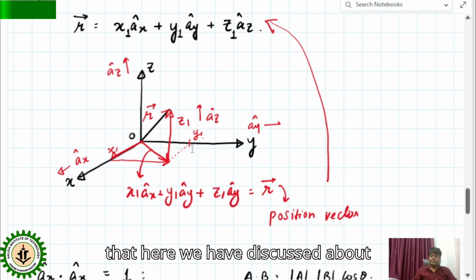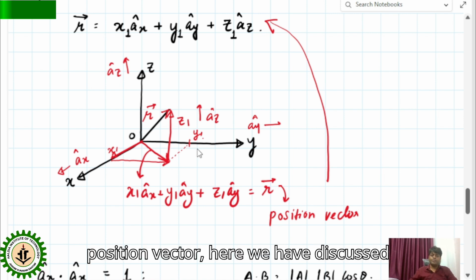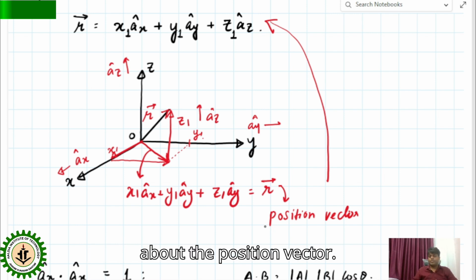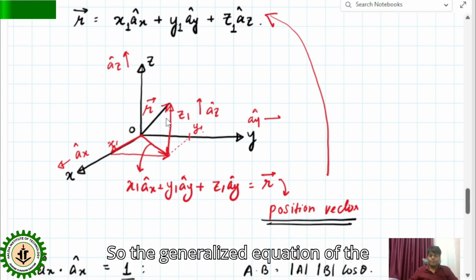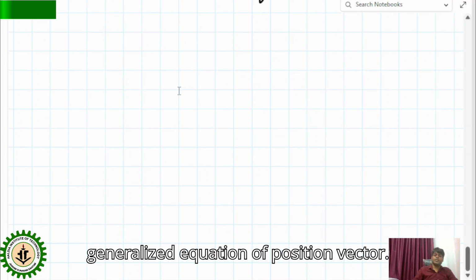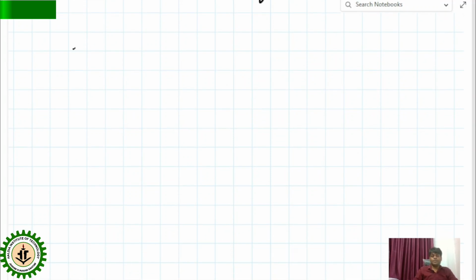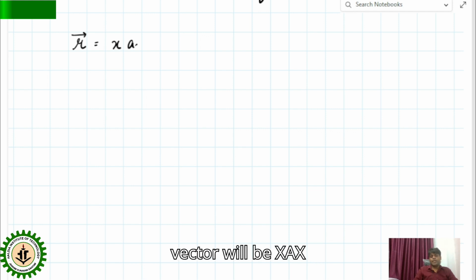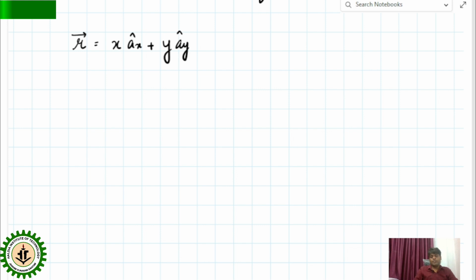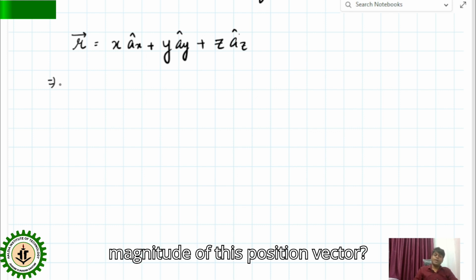One more thing I would like to say: here we have discussed the position vector. Let me write the generalized equation of the position vector, which will be x ax plus y ay plus z az. So what is the magnitude of this position vector?